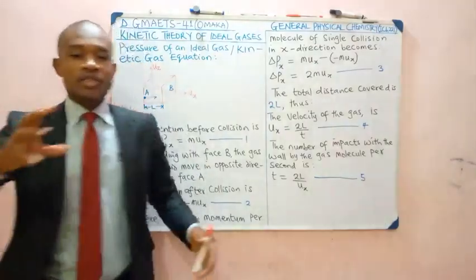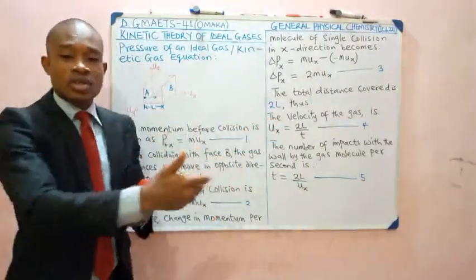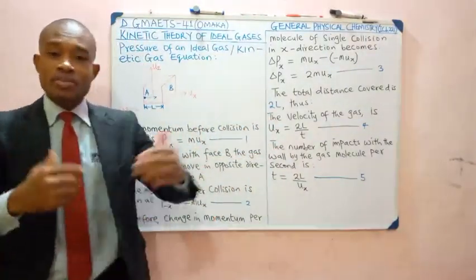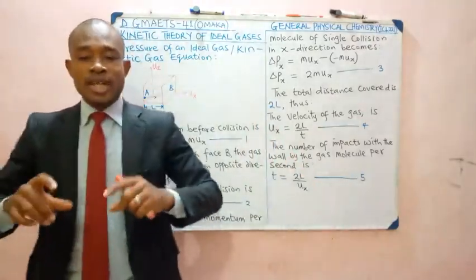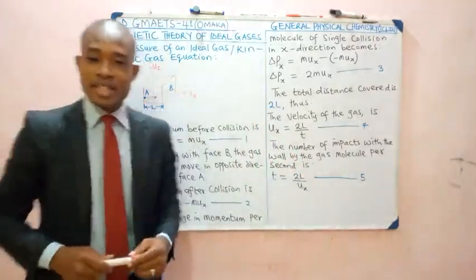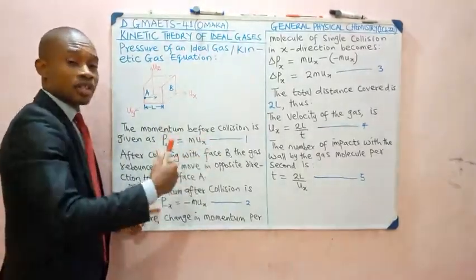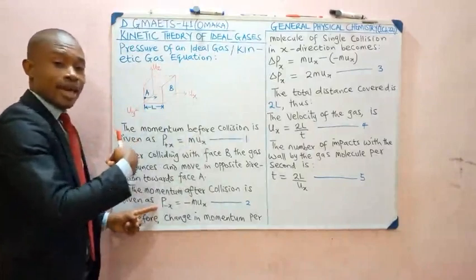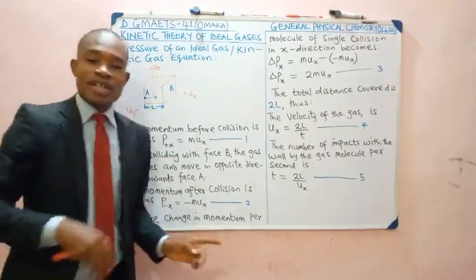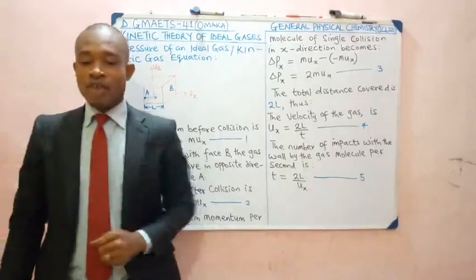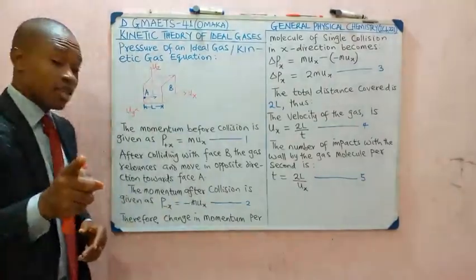If we take the movement in the positive x direction to be positive, that is before collision, then after collision, when returning from phase B, we shall take the velocity as negative. And that gives us the momentum in the negative x direction, that is returning back to phase A now, to be equal to minus the mass of the gas molecule times the velocity of the gas molecule in the x-axis. Negative, take note.